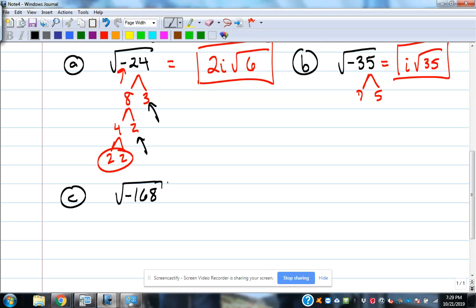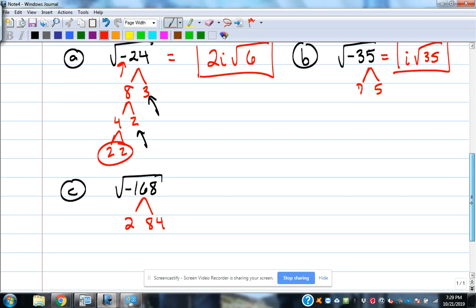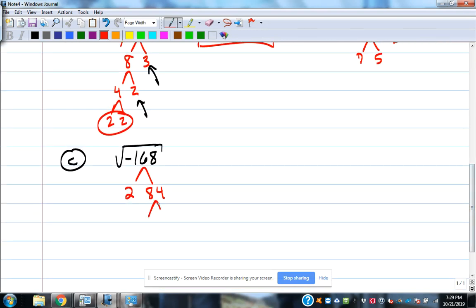168. Big number. Maybe it's got some stuff in it. We'll break down 168. It's even, I know that. So 2 goes into it 84 times. And 84, what do I know about it?